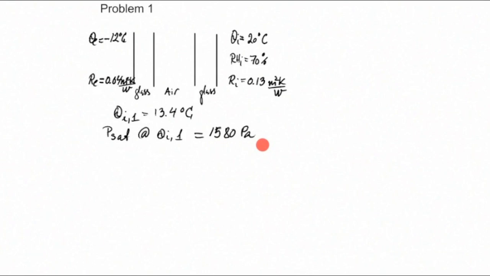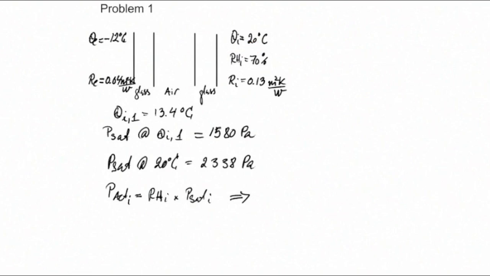So now I again have to go back to my table and look up the saturated amount of water vapor at 20 degrees. It can be looked up in the table to be 2338 pascals.